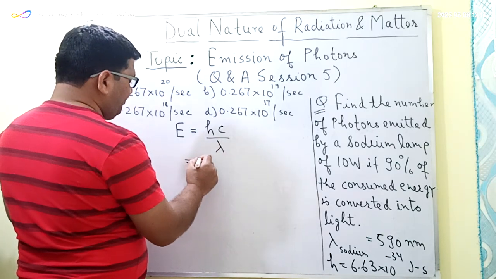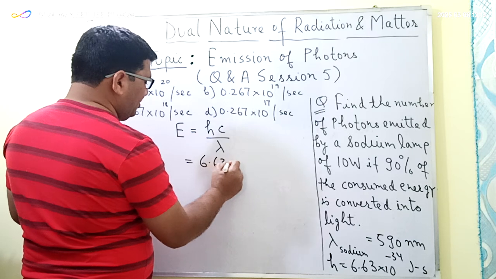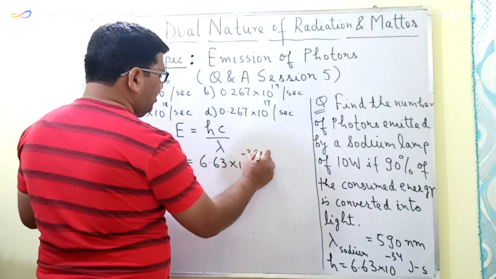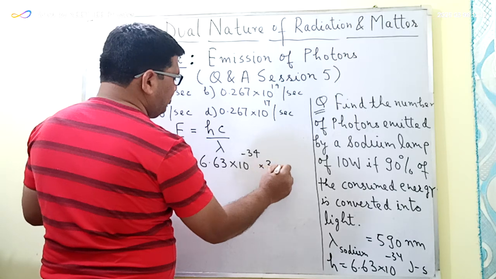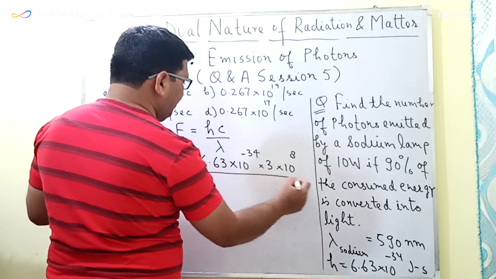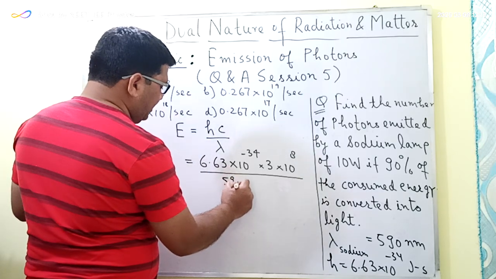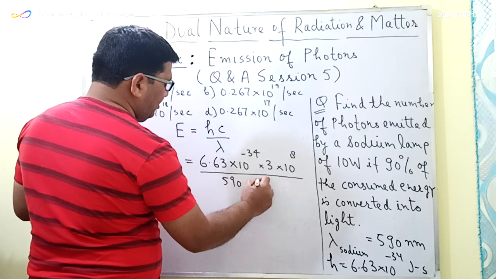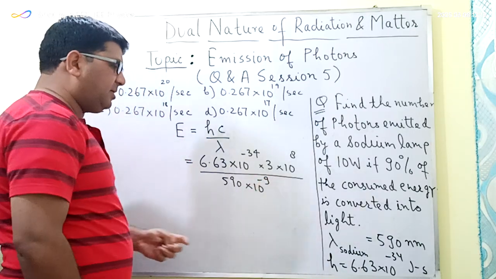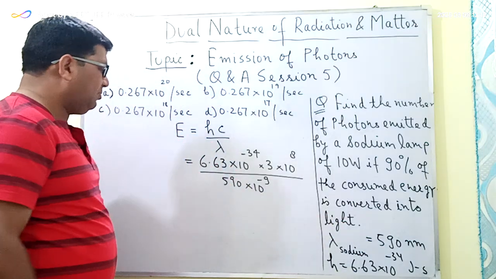So the energy of the photon will be 6.63 into 10 to the power minus 34 into 3 into 10 to the power 8 meter per second divided by lambda, which is 590 into 10 to the power minus 9 meters. The wavelength is given in nanometers, so I have converted this into meter.